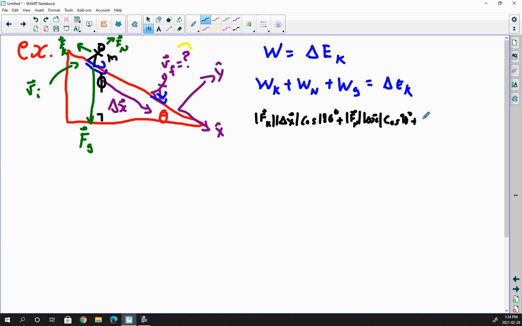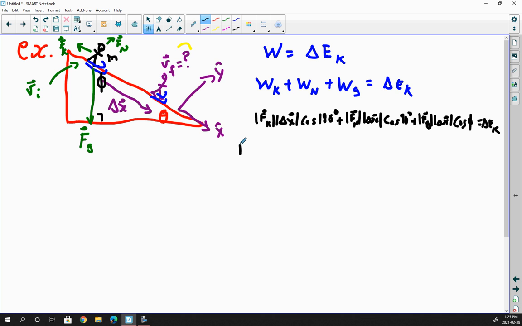Plus, work done by gravity would be the force of gravity's magnitude times the magnitude of the displacement times the cosine of the angle between them. Well, displacement is down the hill, force of gravity straight down, and we've said that that is phi, the complementary angle to the angle of the hill, and that will equal the change in kinetic energy right there.